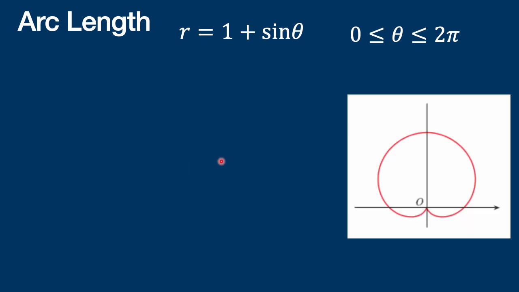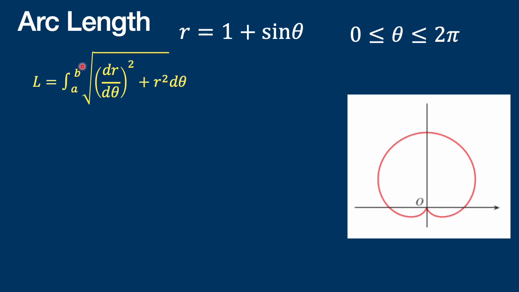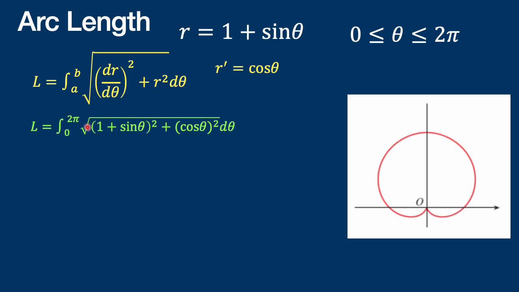Let's have one more example for arc length. So r is 1 + sinθ. We sketched this polar curve. Theta goes from 0 to 2π. So we use the arc length formula, the integral from a to b of the square root of (r′)² + r² dθ. r′ is cosθ, r is 1 + sinθ. So the integral from 0 to 2π of the square root of (1 + sinθ)² + cos²θ.